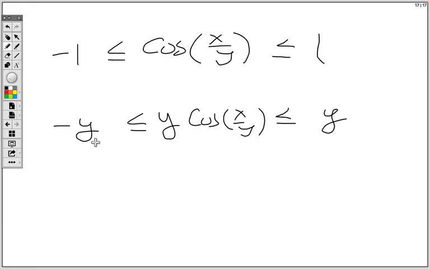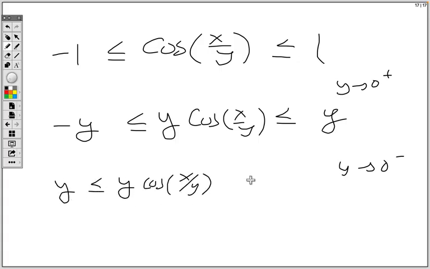If you're coming in from the right, then this is perfectly fine. We don't have to worry about reversing the inequalities. But if we're coming in from the left and we multiply by y, we would have to reverse the inequalities. So oftentimes what you'll see is they'll just combine these two and do this.